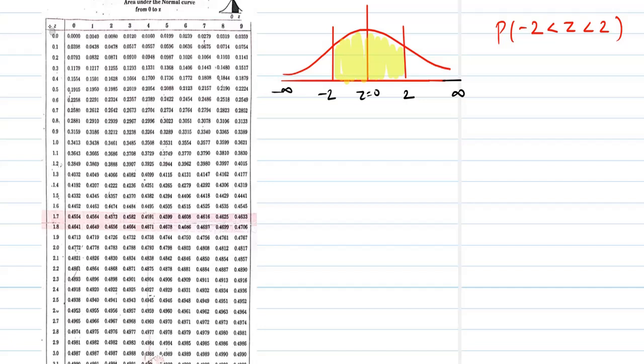Now this table which I have over here doesn't contain any negative values at all, but I need a negative value over here. So how to get this negative value? In which case we will have to make use of the properties of normal distribution. What does our property say? The curve is symmetric about the line Z equal to 0. That is, however much portion is available from 0 to -2, the same portion is available from 0 to 2.